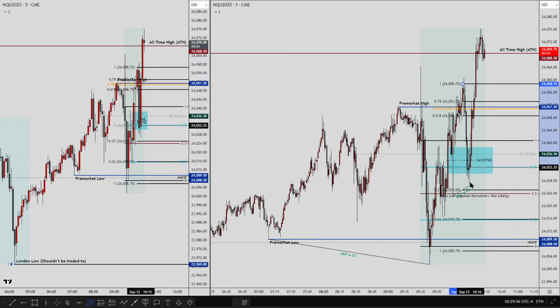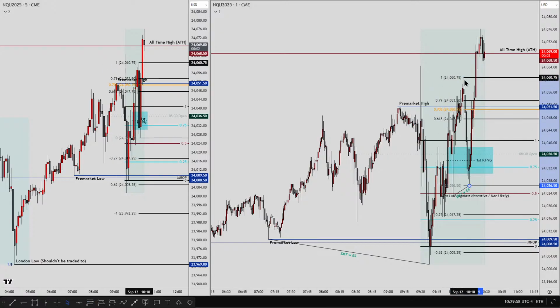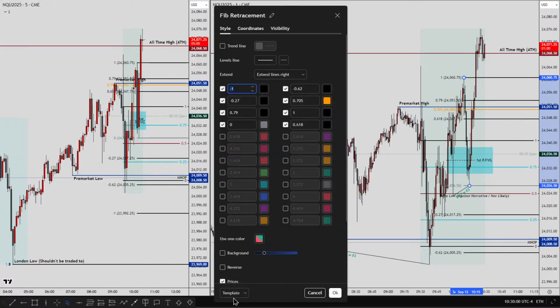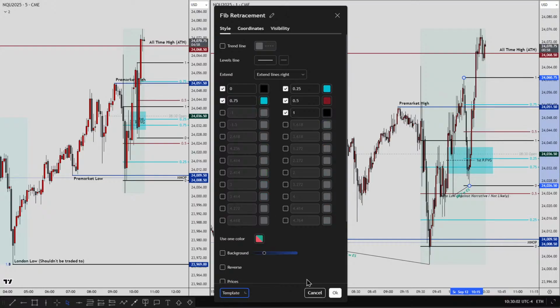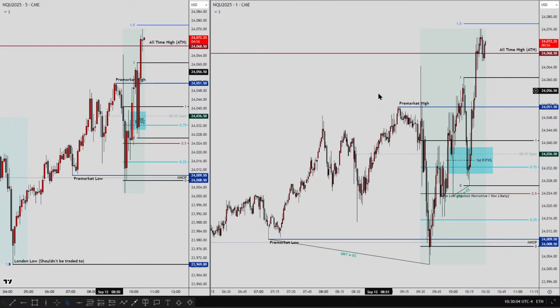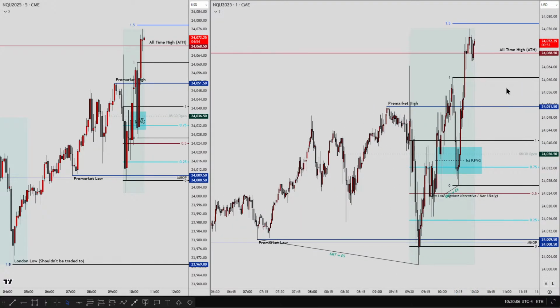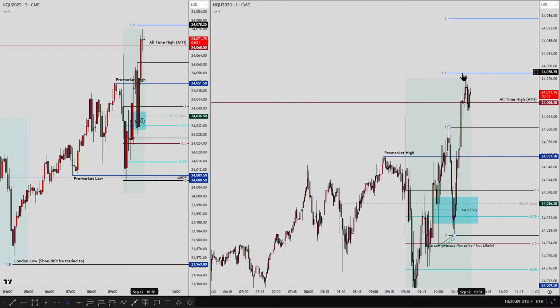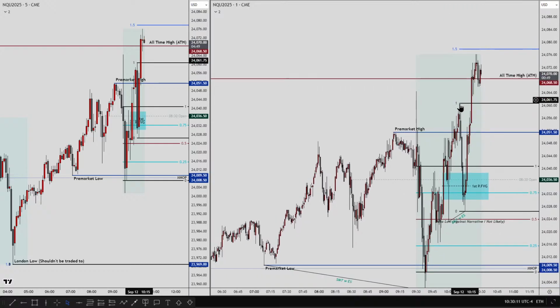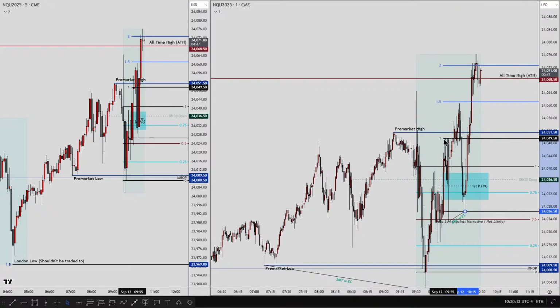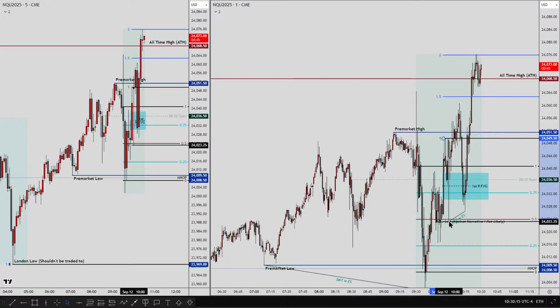This high, this low. That's my first draw. Oh yeah, this is the one I mentioned earlier.